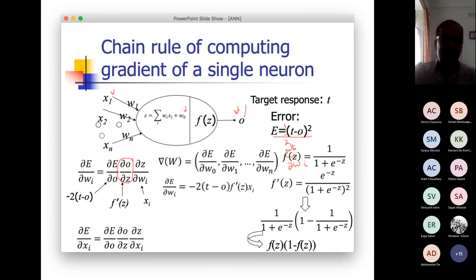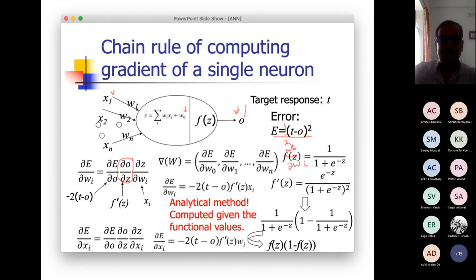So these two quantities you need to compute. If it is the derivative with respect to the input xi, it is basically given in this form. This is another very simple but interesting feature that you observe, which we'll be using in the case of backpropagation.